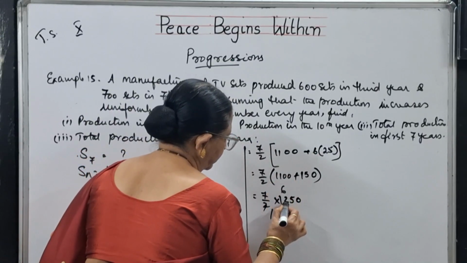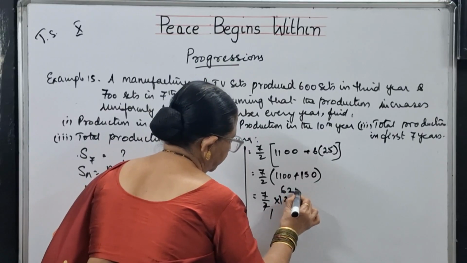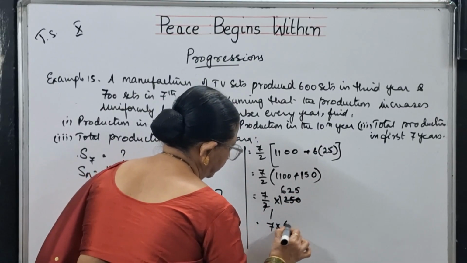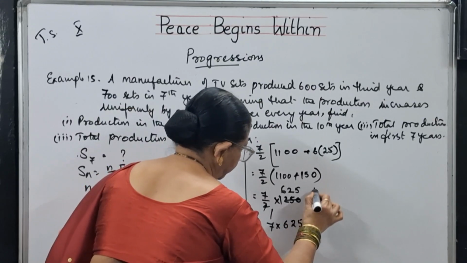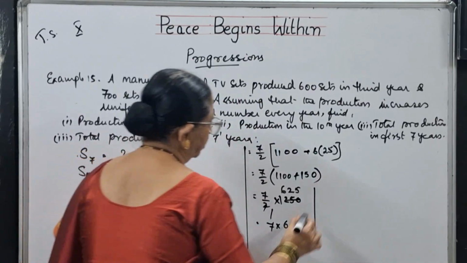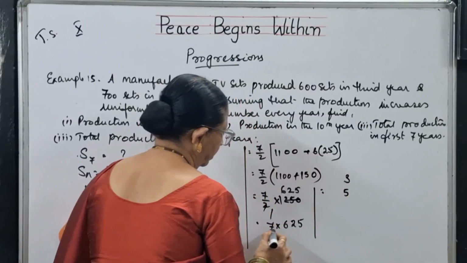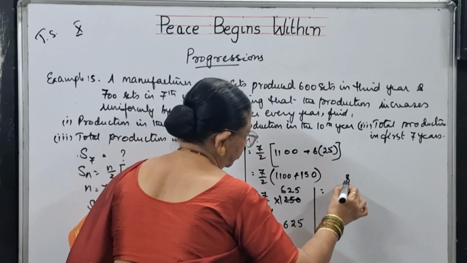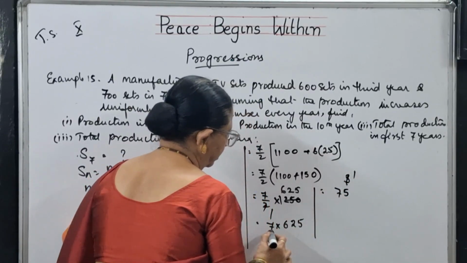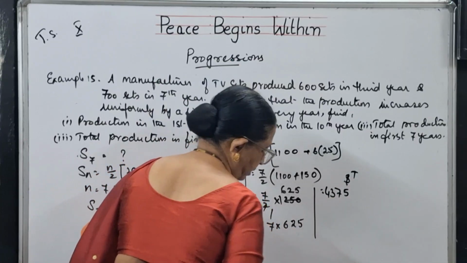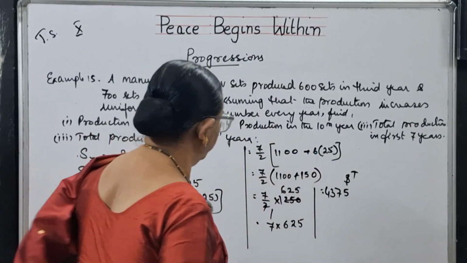2 ones are 2, 2 6s are 12, 2 2s are 4, 2 5s are 10. That is 7 into 625. That means how much am I getting? 7 5s are 35, 7 2s are 14, 14 plus 3 is 17, 7 6s are 42, 43, 4375.